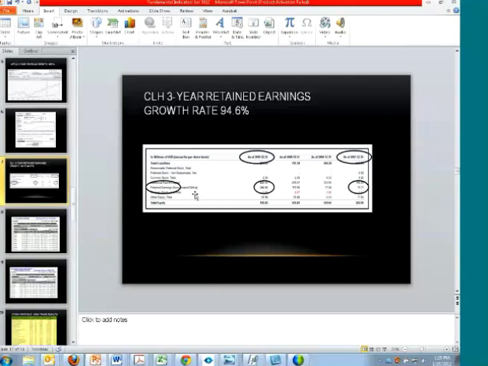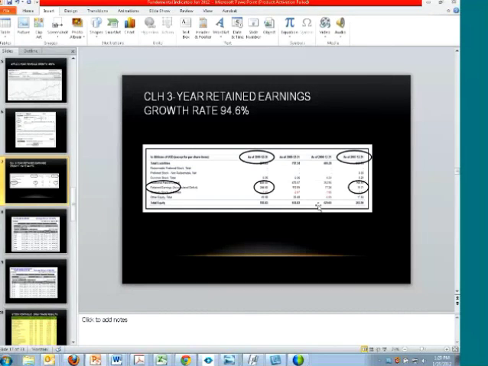So for Clean Harbors, we had retained earnings of $19 million, and then 3 years later, we had retained earnings of $244 million. So again, you can calculate this growth by subtracting the starting value from the ending value, and then dividing by the starting value, and that'll give you the percentage growth.